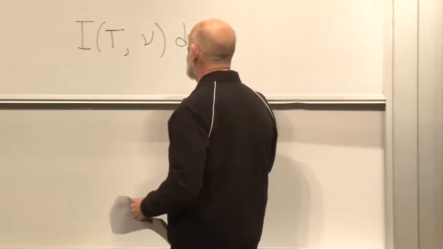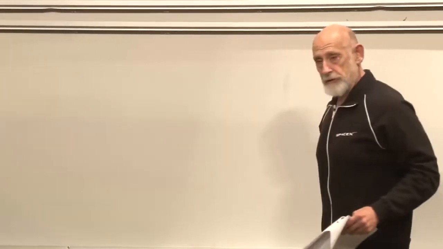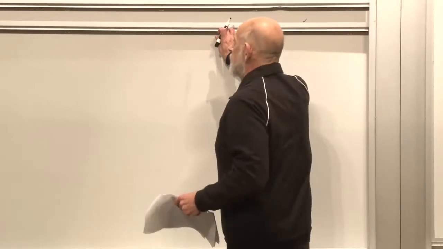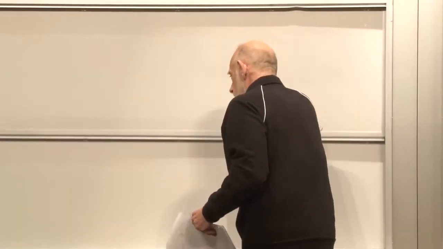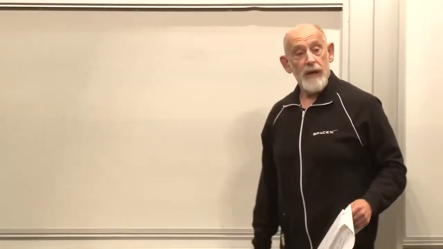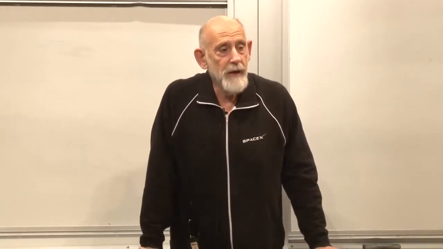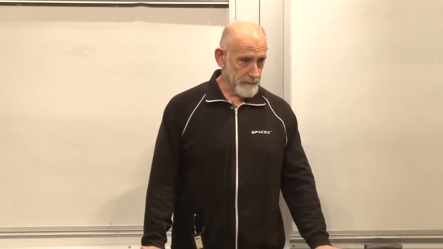Now, we're not going to work through the theory of this intensity function, but we can actually work out the behavior of the intensity function as it would have been worked out before 1900.